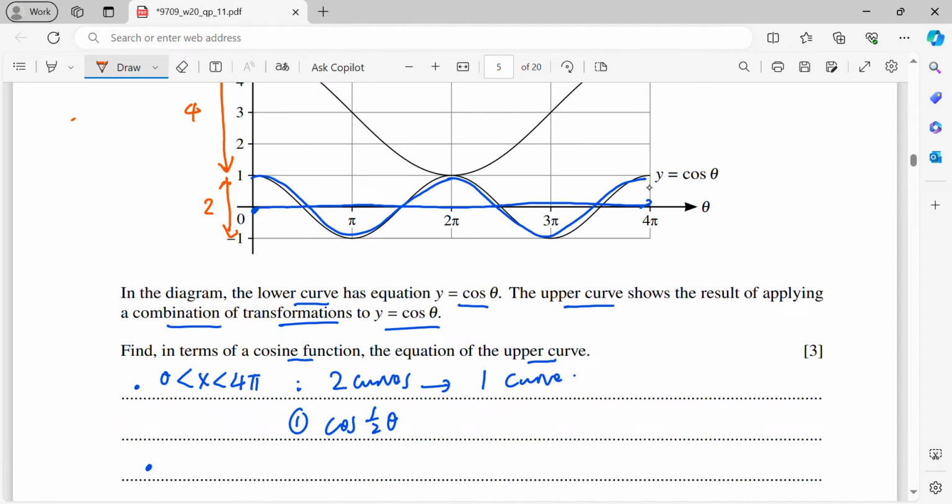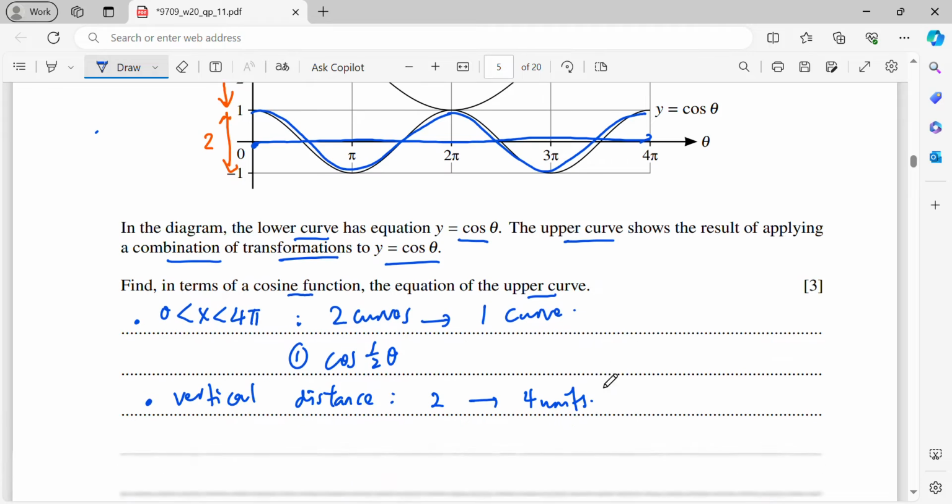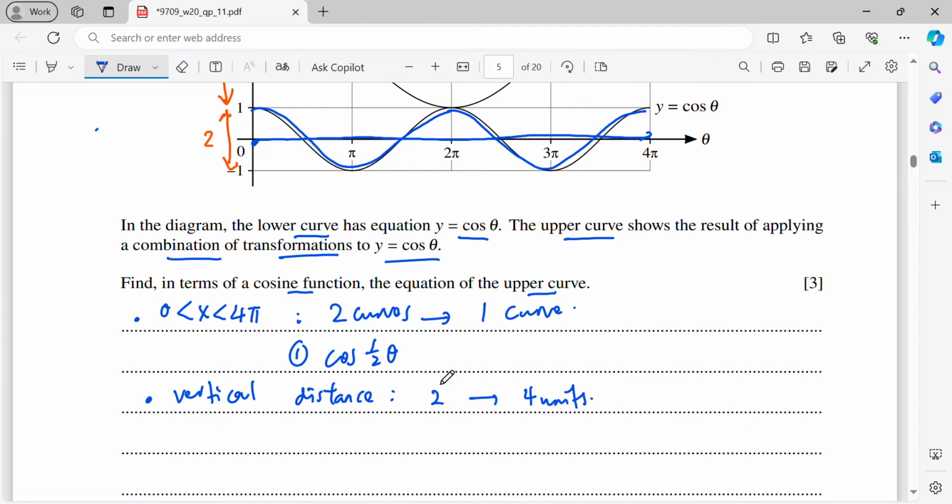So vertical distance 2 to 4 units. That means the new graph is actually double the original graph. So my second transformation is basically double the function. Okay, double.